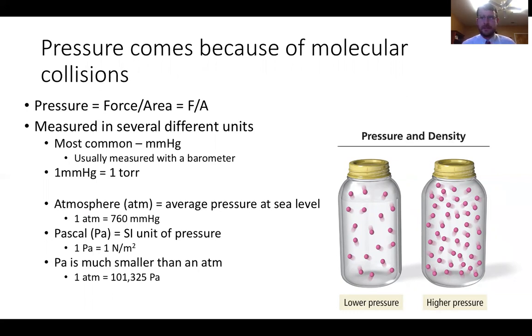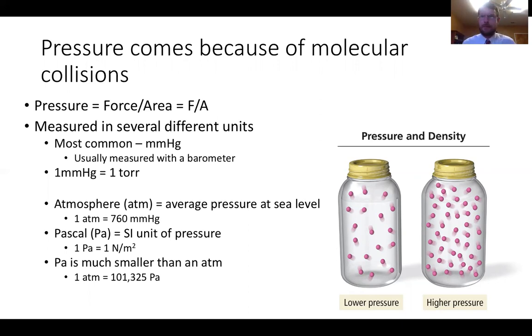The most common way we measure pressure is through millimeters of mercury, and we'll talk about what a barometer looks like. An old school barometer is a bowl with mercury in it, and there's a tube with gradations, and they would see the pressure and be able to measure it based on how high or low the mercury was.